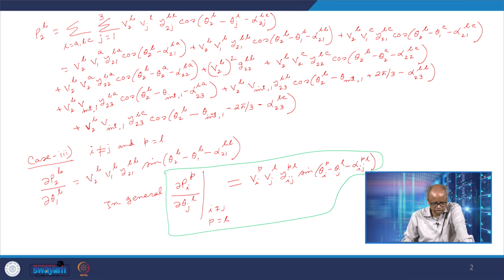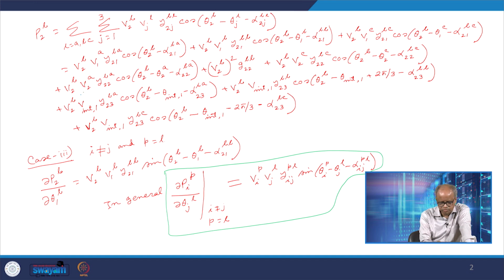Now, let us look at the case. How many terms have v2a? Only one term. The first term does not have it, the second does not, the third does not, the fourth has it, but all the other terms do not have v2a.